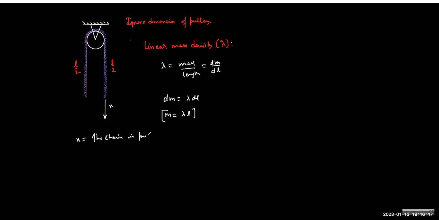In a way, it's like you have pulled slightly and released. As it falls down, the pull force on the two sides of the pulley will change, right?